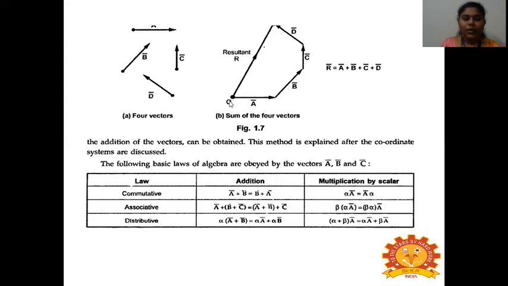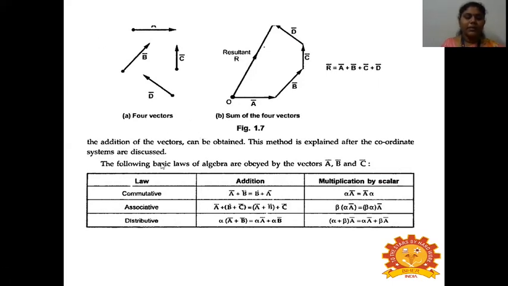Now join the origin and the tip of the head of the D vector. This gives the resultant, that is R. So finally the R vector is nothing but A vector plus B vector plus C vector plus D vector. So this is the head to tail method.